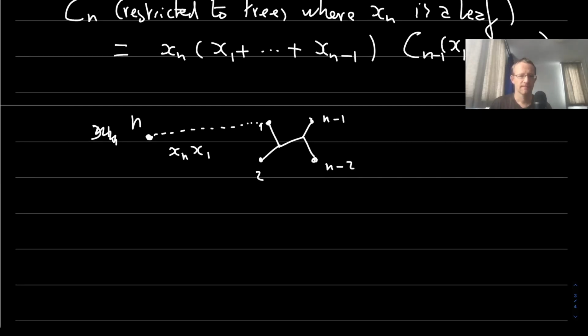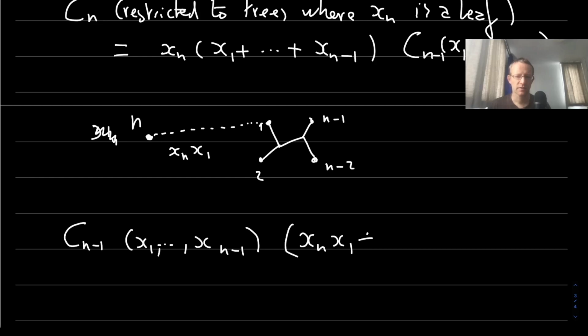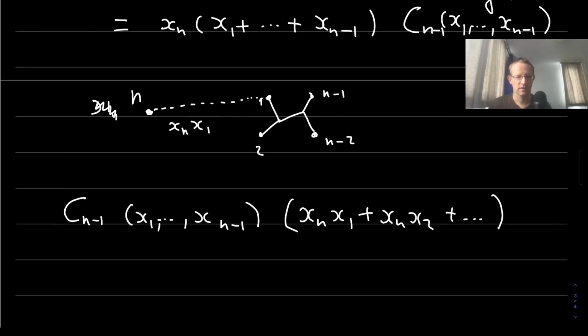So indeed, we see that we can sum over all the trees with n minus 1 vertices, and then multiply by xn times x1 plus xn times x2 plus dot dot dot to get the sum over trees where xn is a leaf.